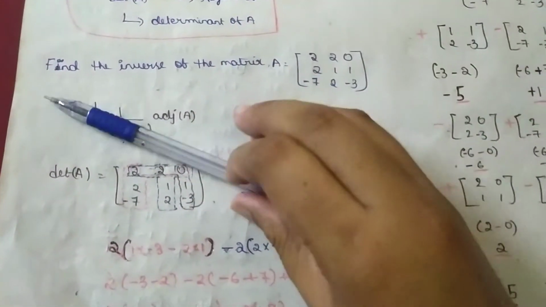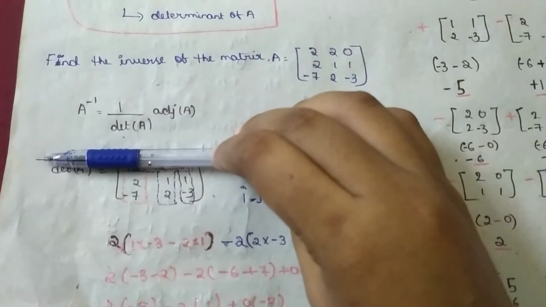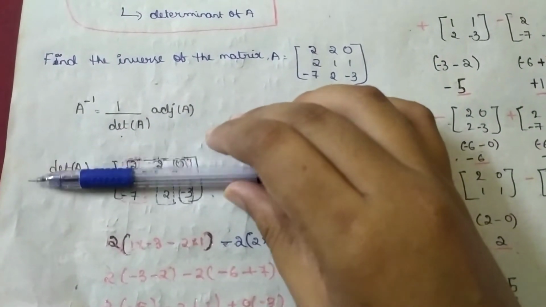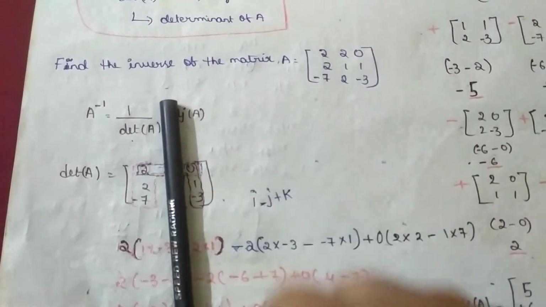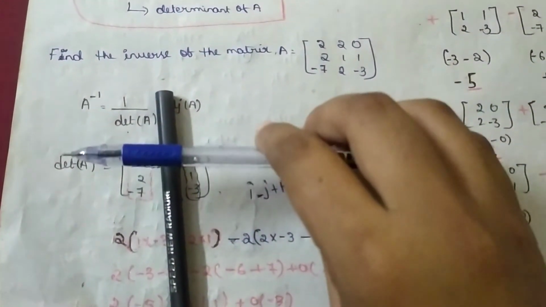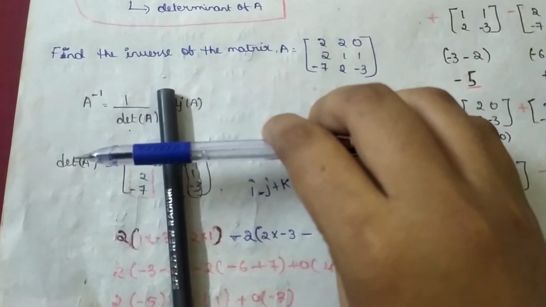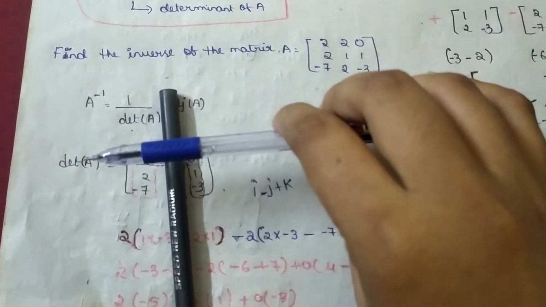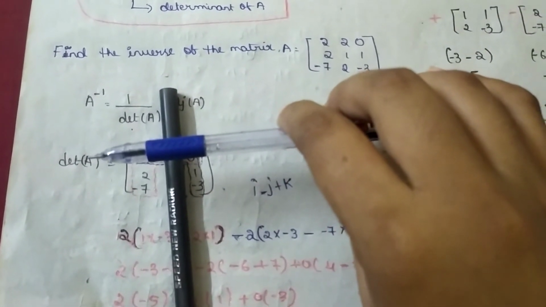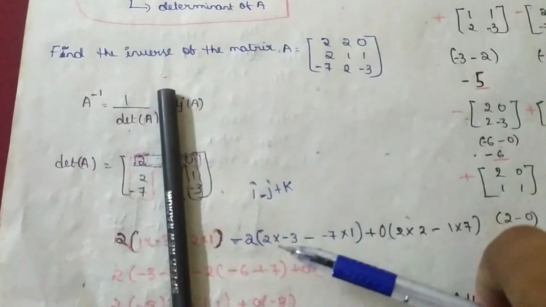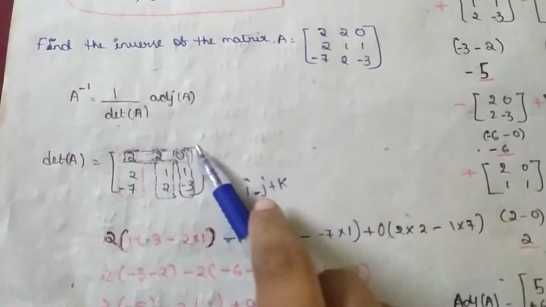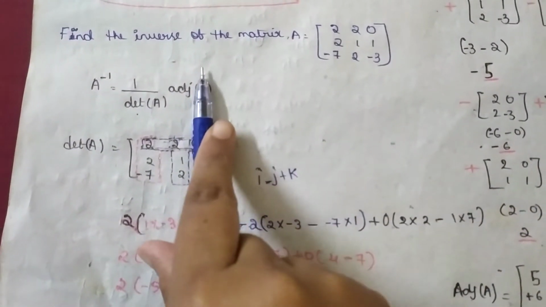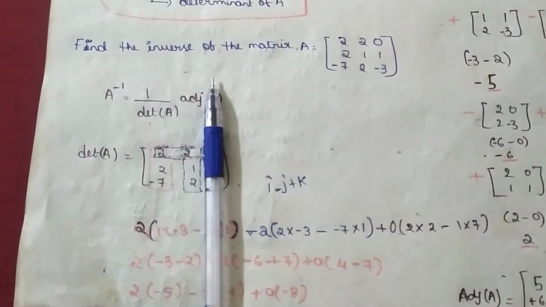So the 2 row I am closing. 2 column, 2 row. So what are the values left? 2 into minus 3 minus 7 into 1. See, 2 into minus 3 minus 7 into 1. Again plus 0. 0 means we have to close this column and this row.